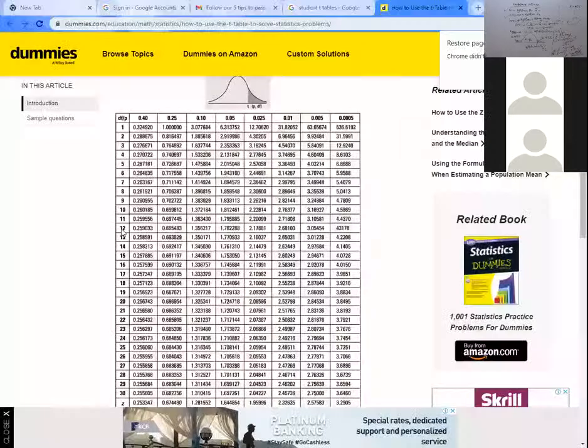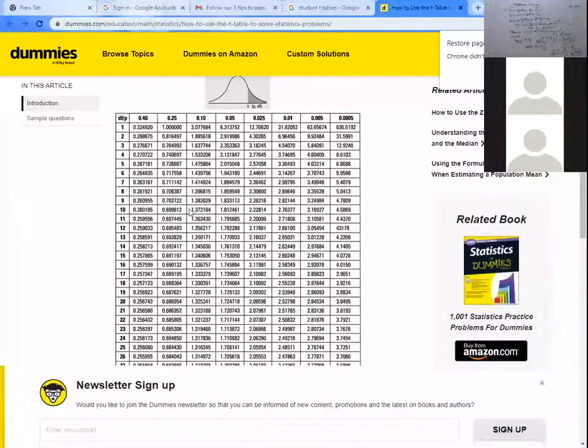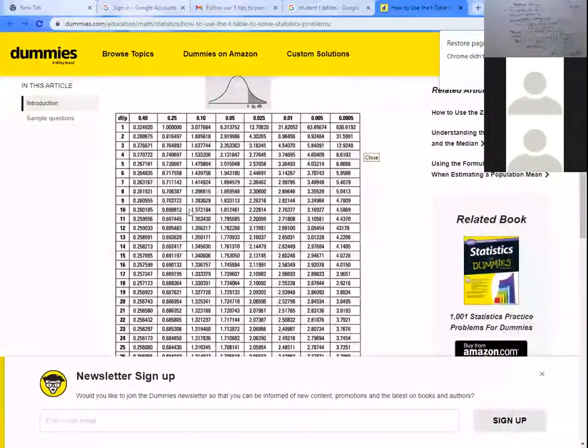Please let me know whether you are able to see my screen. Yes, thank you. This table is a little bit different, but there's no problem. Here they simply give you degrees of freedom on top, and they work with only one tail.